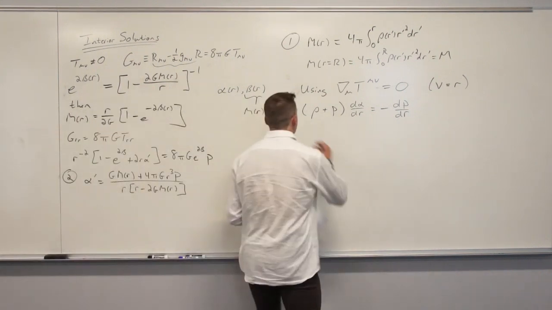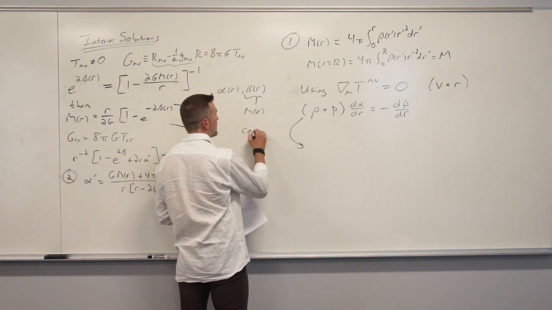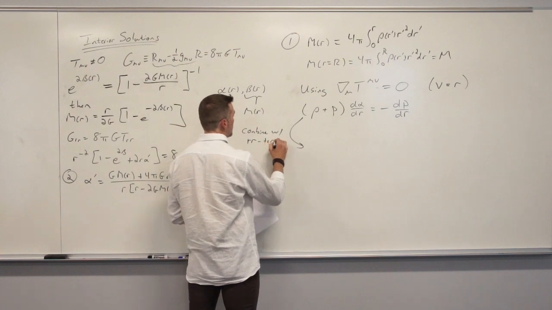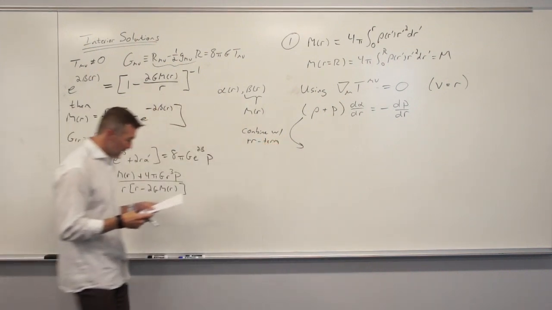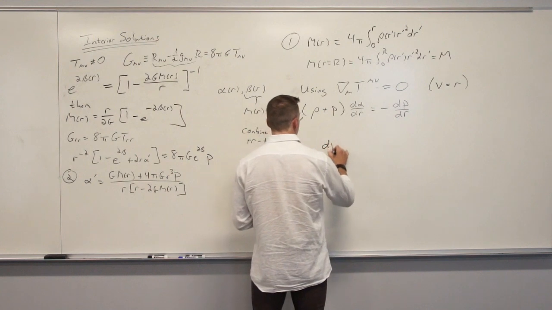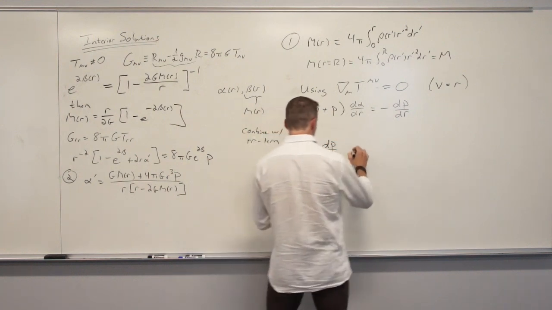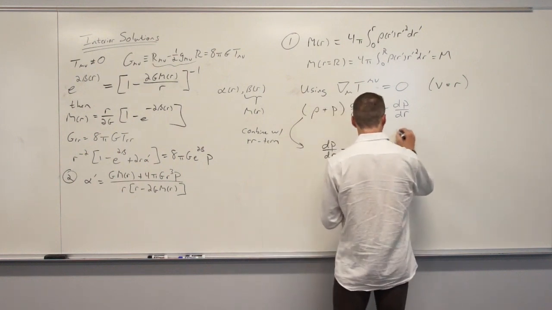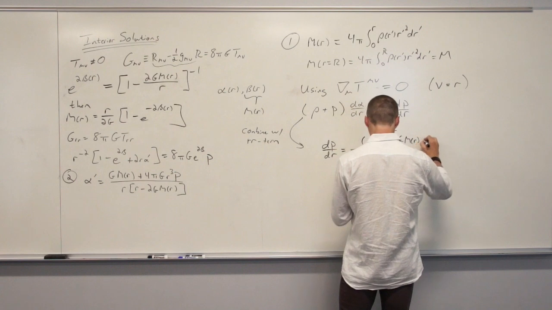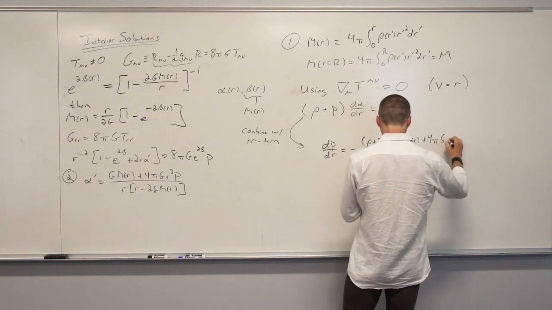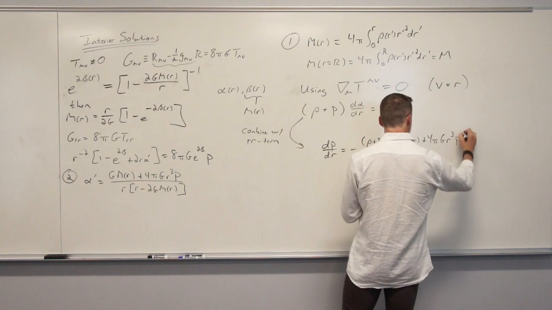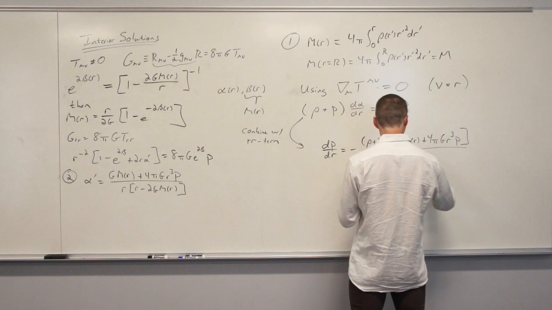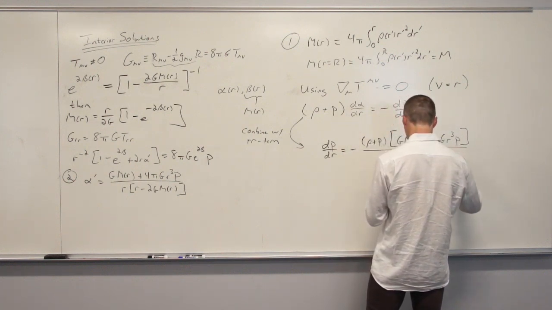And then, if I combine this with the RR term from Einstein's equation, then I can get to an expression that looks like the following. dP dr equals minus rho plus p, quantity g m of r plus 4 pi g r cubed p, over r times quantity r minus 2g m of r. Bam. Okay.